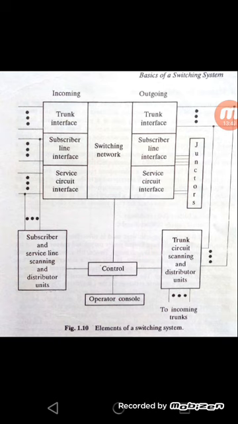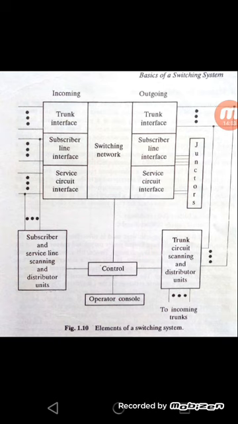So any telecommunication device or port must use switching networks. The switching network is the heart of any communication device. In the elements of switching systems, many devices are connected.